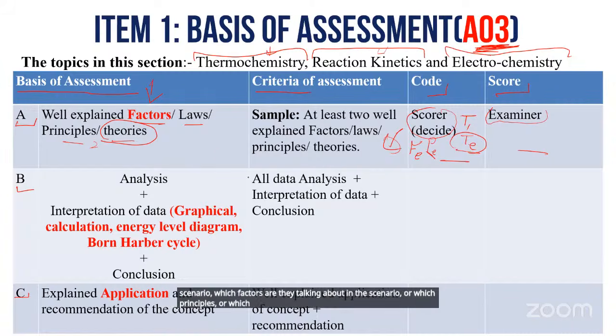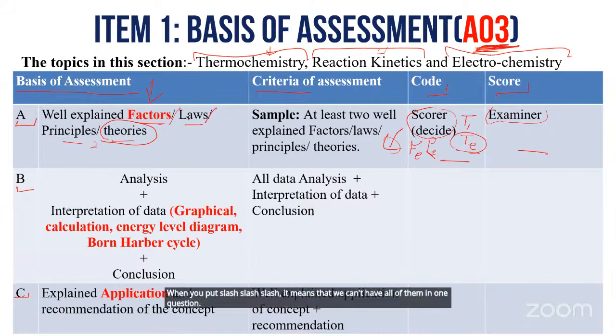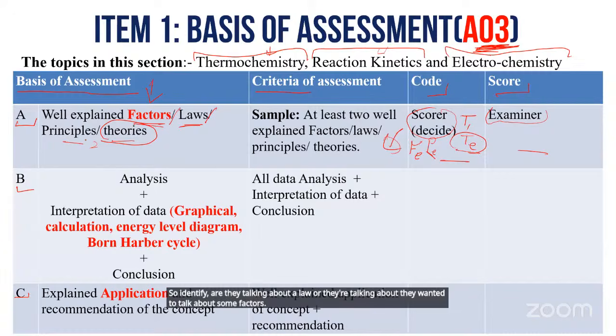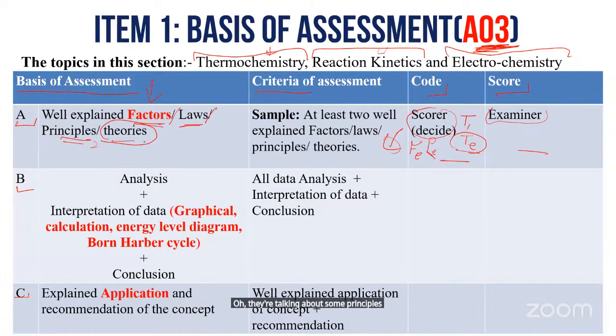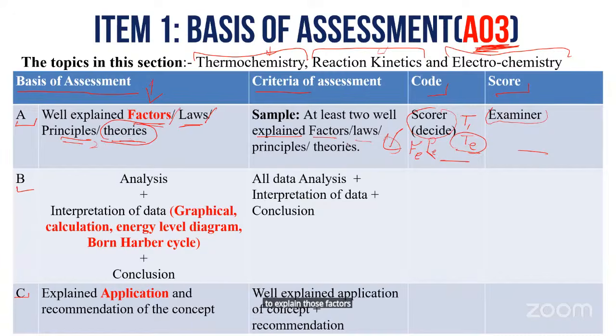Now, when you put a slash, it means that we can't have all of them in one question. So identify whether they are talking about a law, or they want you to talk about some factors, or some principles, or some theories. And if they're talking about any of these, make sure that you explain that factor or the law, or you use that law to explain those factors. Are we there?